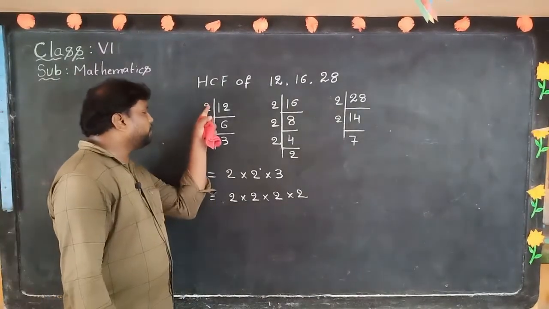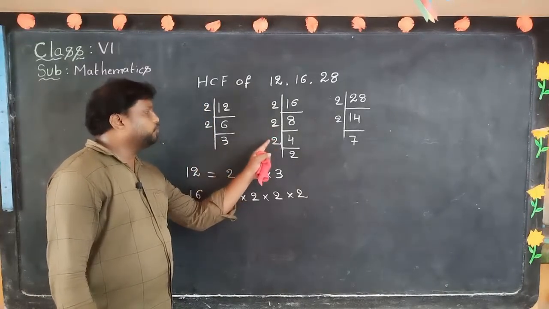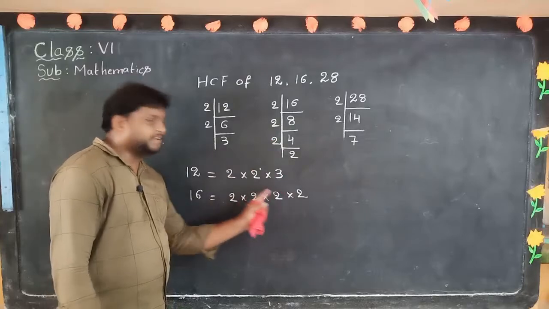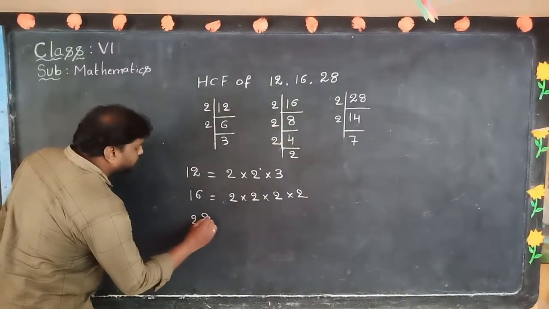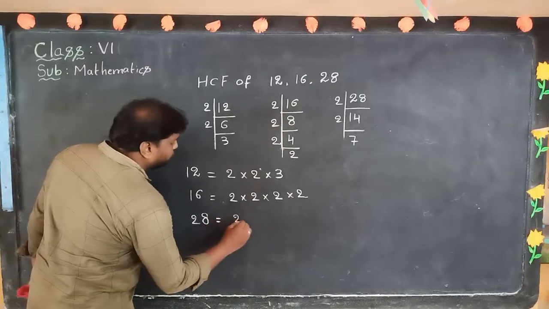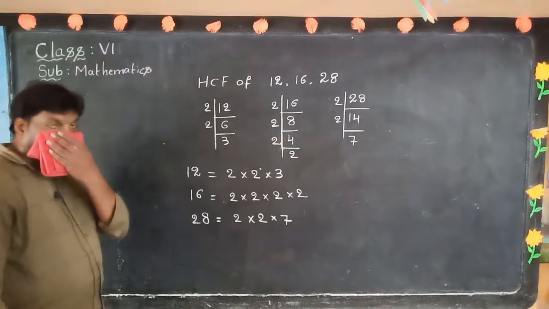Here 12 is nothing but 2 2s are 4, 4 3s are 12. 2 2s are 4, 4 2s are 8, 8 2s are 16. I am writing like this. Then finally 28 is equal to 2 into 2 into 7.